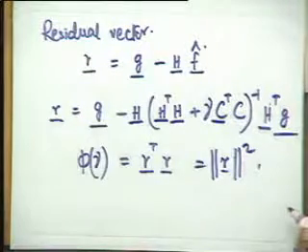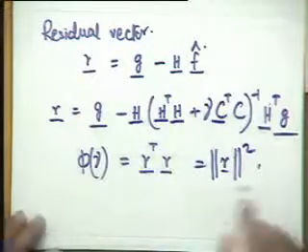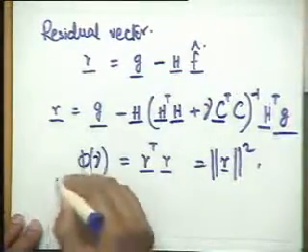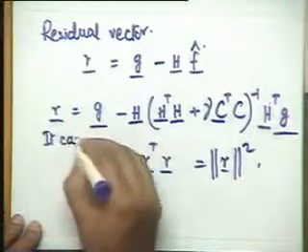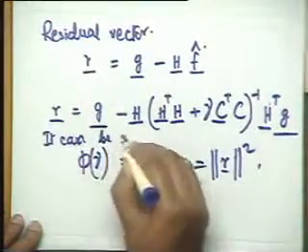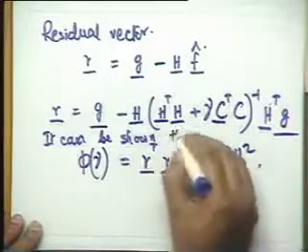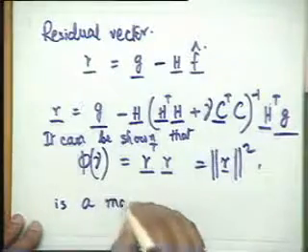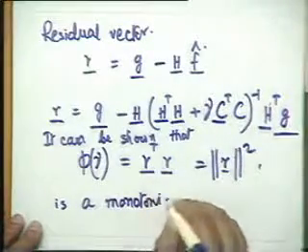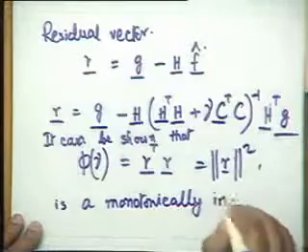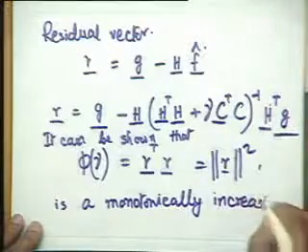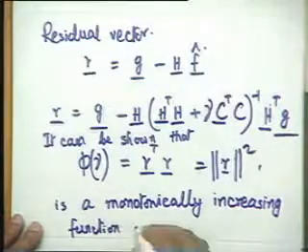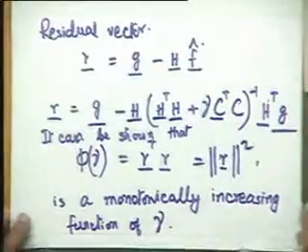Agreed? Okay. And it can be shown that this phi gamma function which we are defining like this is a monotonically increasing function of gamma.